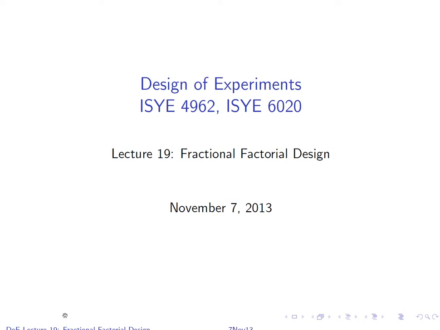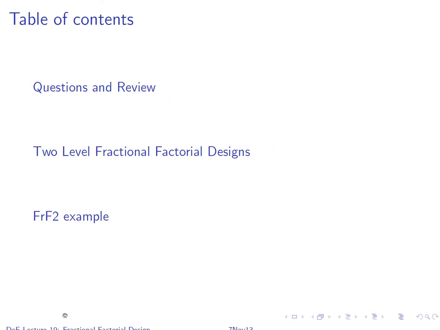This is the first of what I expect will be 2 lectures. I'm hoping that lecture 20 on Monday the 11th we would use to answer questions and review some of the examples that are given in this lecture. Very briefly, we'll cover questions and review as we have done each lecture since the beginning of the class.